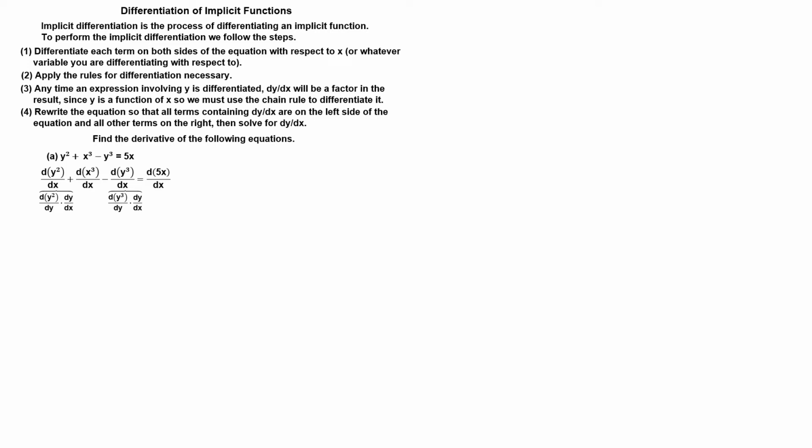For the first and third terms, we use the chain rule. Step 4. We rewrite the equation so that all terms containing dy/dx are on the left side of the equation and all other terms on the right. Solve for dy/dx.